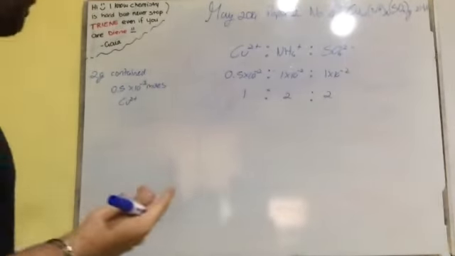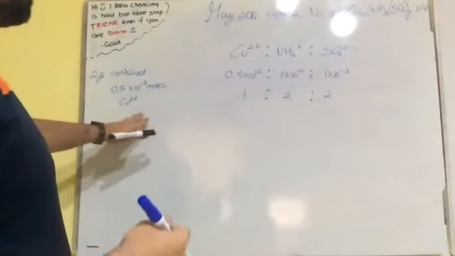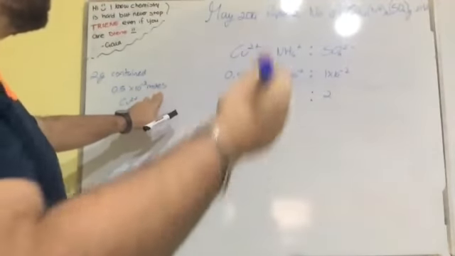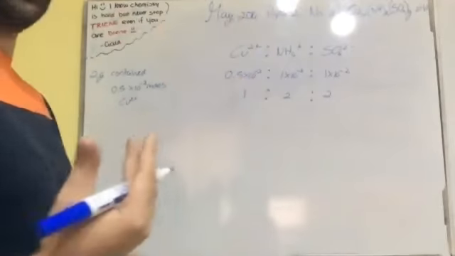So probably that will be 0.5 times 10 to the minus 2 moles of compound, if copper is 1.